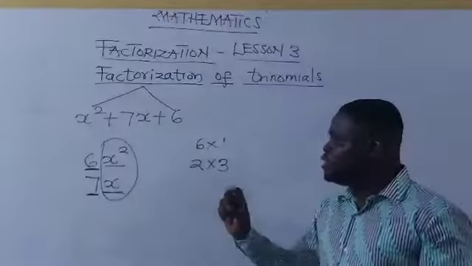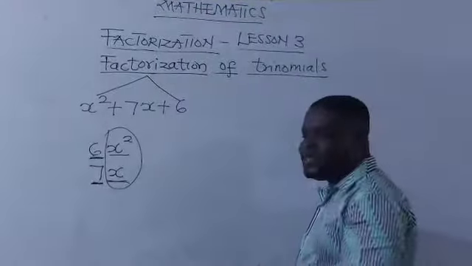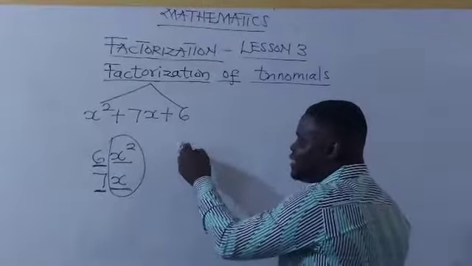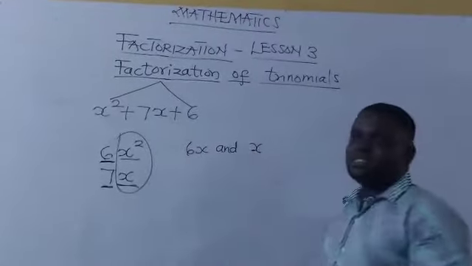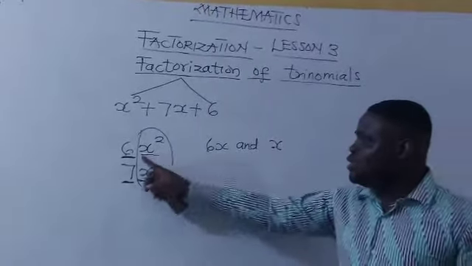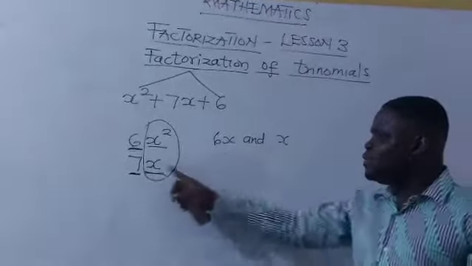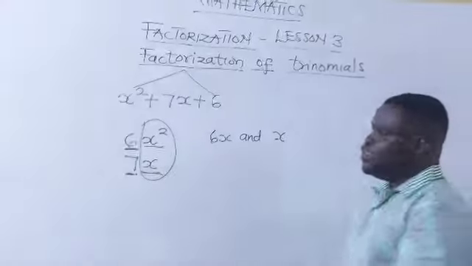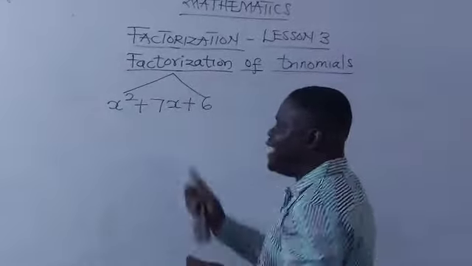So the two numbers we need here are 6 and 1. And therefore the two terms we need here are 6x and x. If we find the product of these two terms, it produces 6x squared. The sum of these two terms produces 7x. So these are the two terms that will replace 7x in our trinomial.